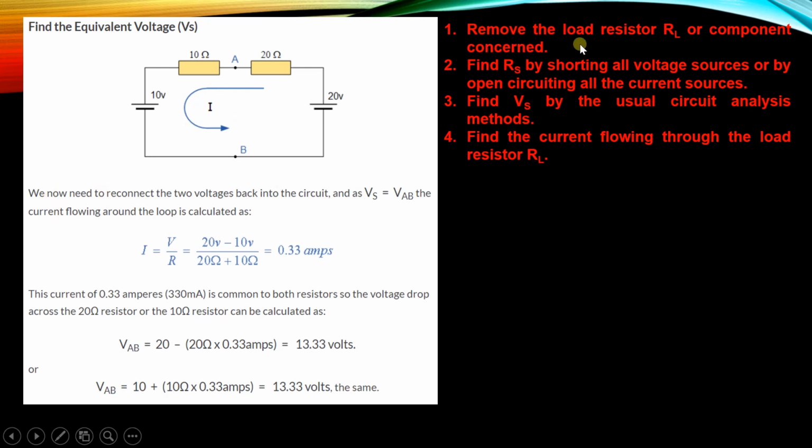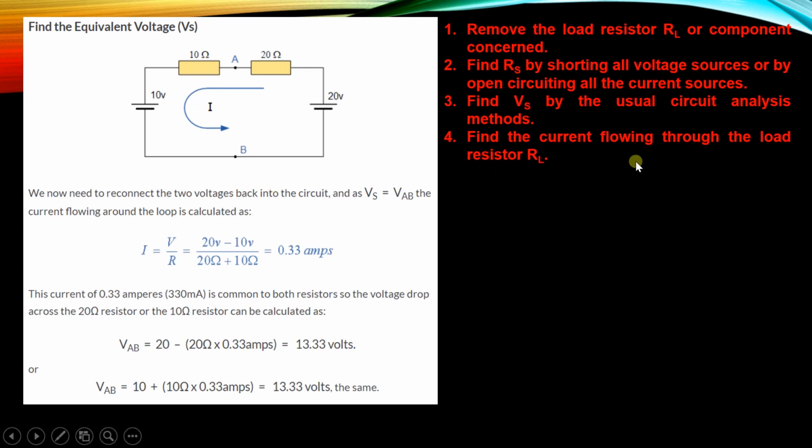First step, remove the load resistance RL or the component concerned. Then find RS by shorting all the voltage sources or by open circuiting all the current sources. Then find Vs by the usual circuit analysis method. Then find the current flowing through the load resistor RL.